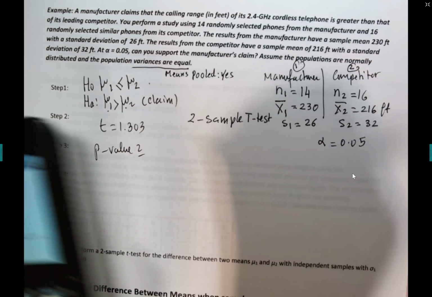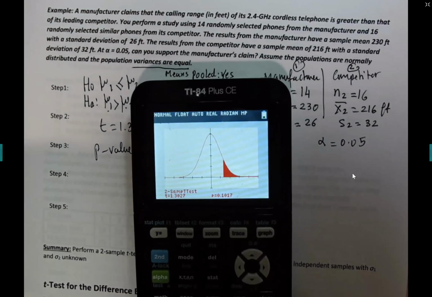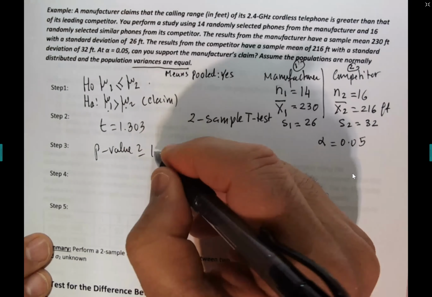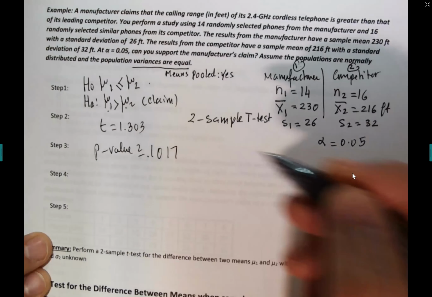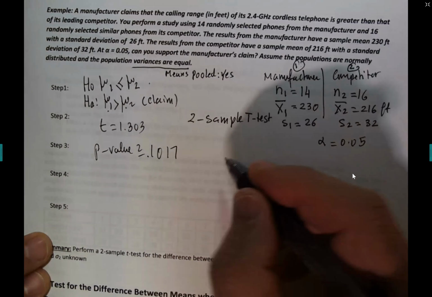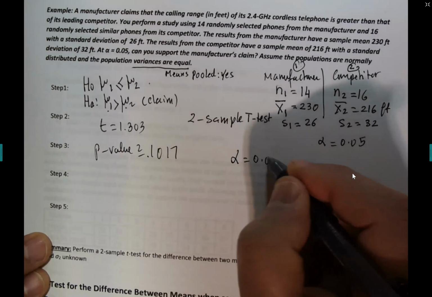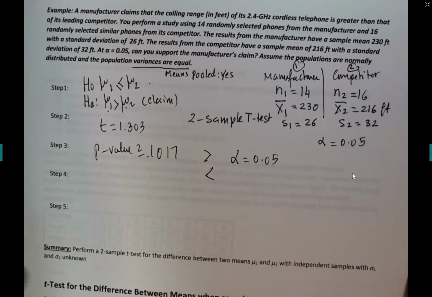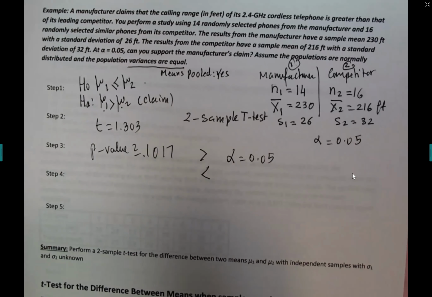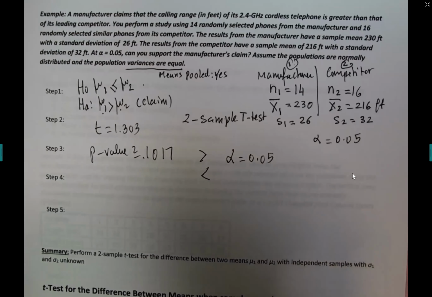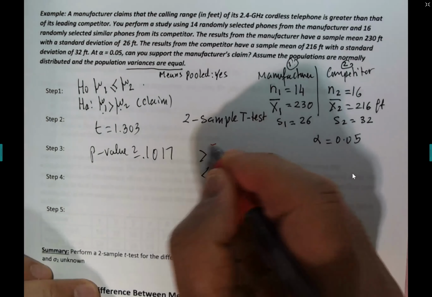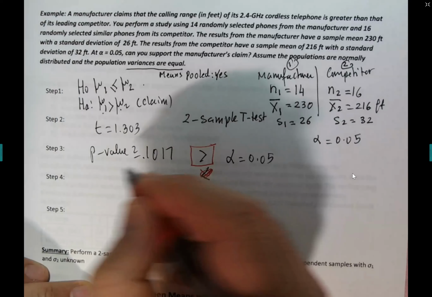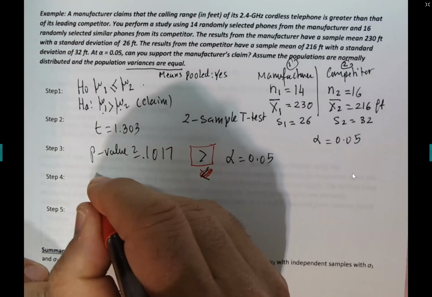And the p-value is 0.1017. And let me put alpha, guys. And do I put this or that? First or second? First. All right, I agree. And what's the decision? Fail to reject.